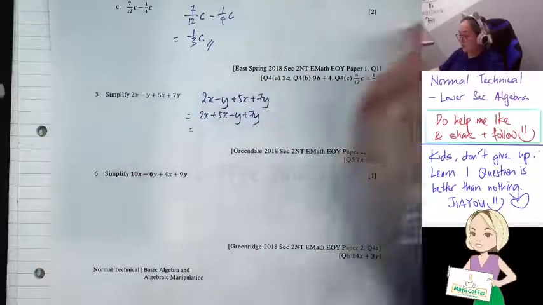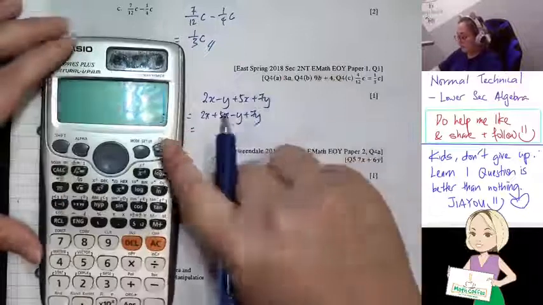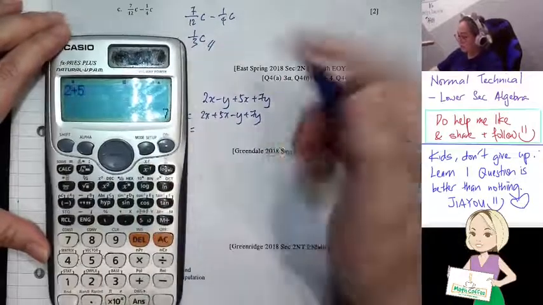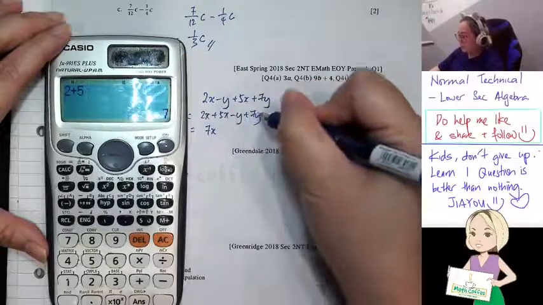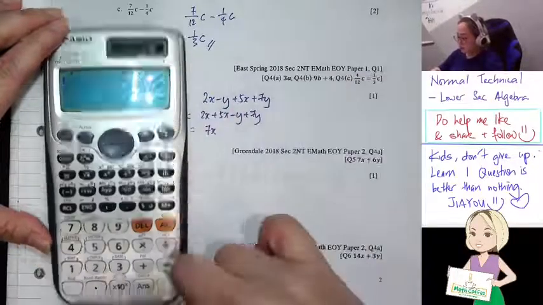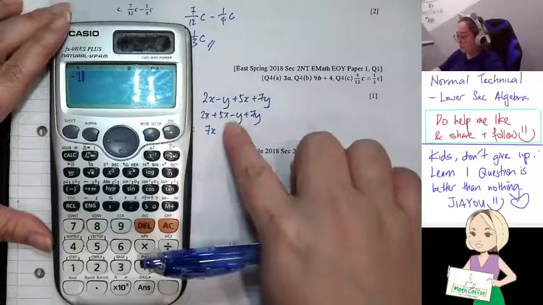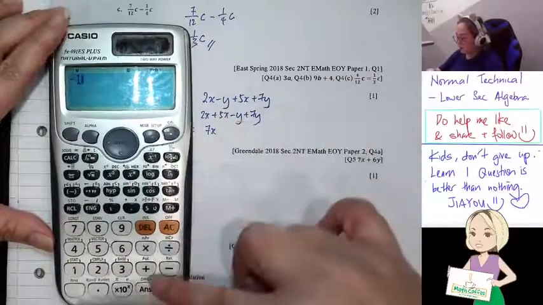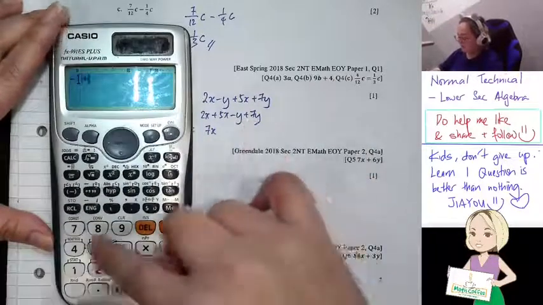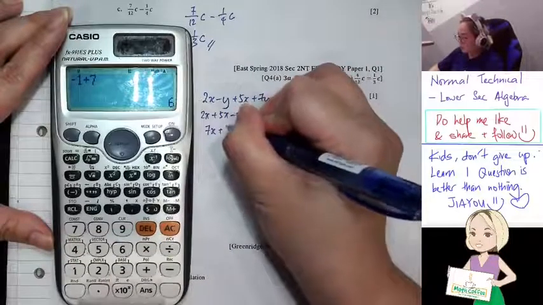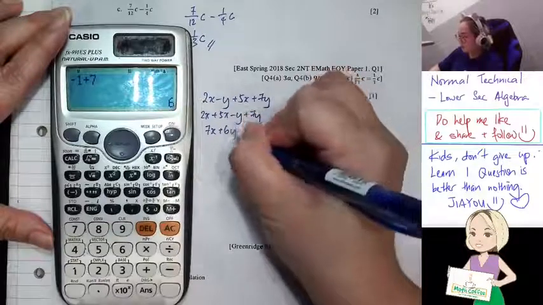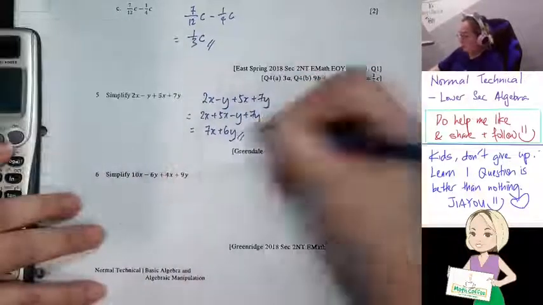Press the calculator. 2x plus 5x is just 2 plus 5, which is 7. So don't forget to put x. Minus y plus 7y, so you will just put it as minus 1. Minus 1 plus 7, and the calculator gives you a positive 6. So that means you put plus 6, and don't forget to put back your y. So this is the final answer.